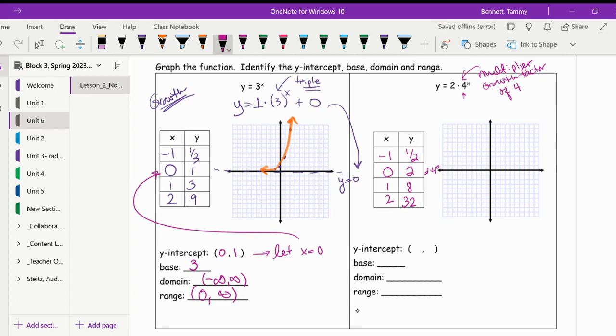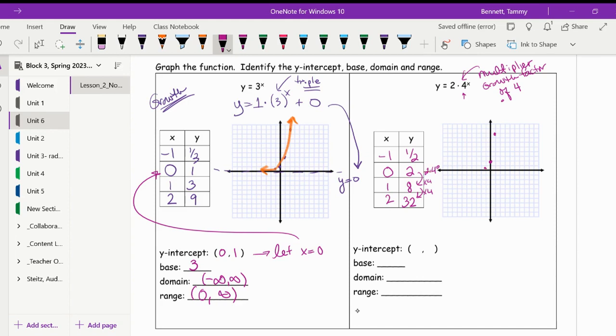So you can see each of these is being multiplied by 4. That will verify that multiplier or growth factor of 4. If I'm going to sketch this, I'm going to go back 1, up 1/2; 0, 2; 1, 8; and then 2, 32 is up here.